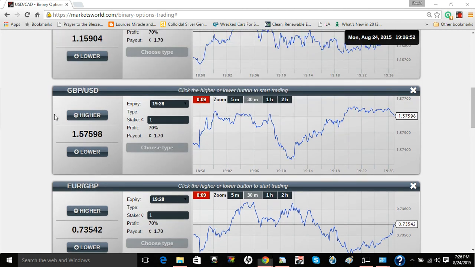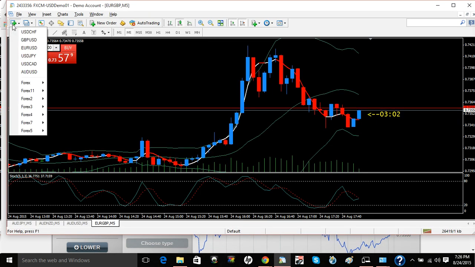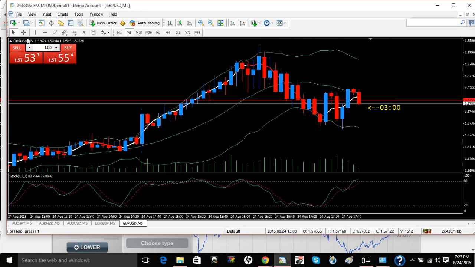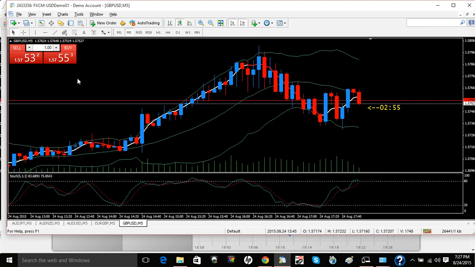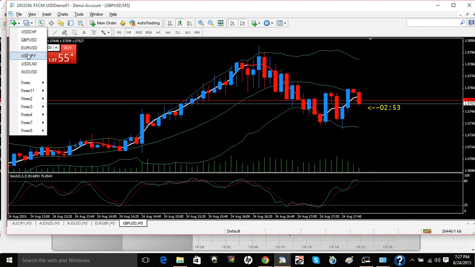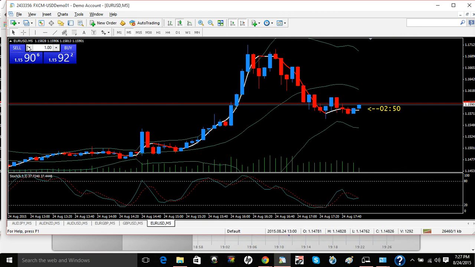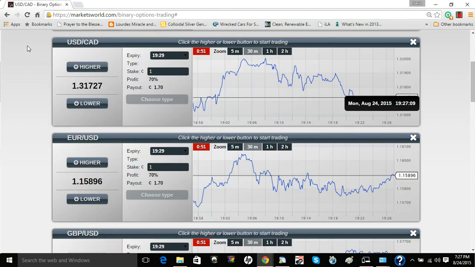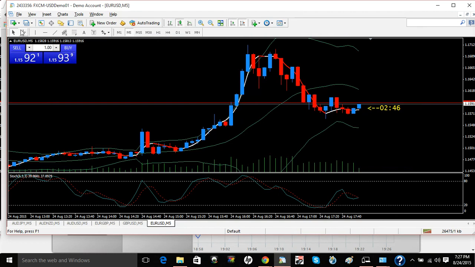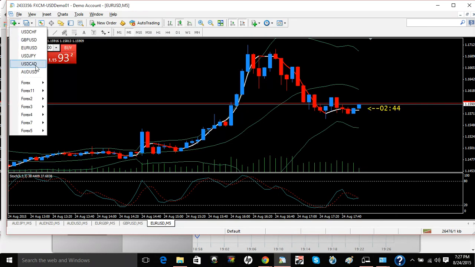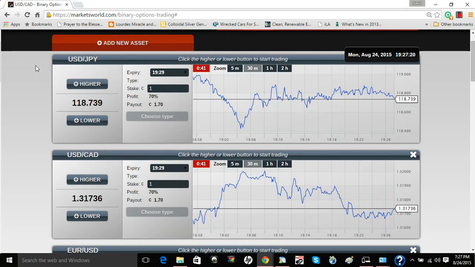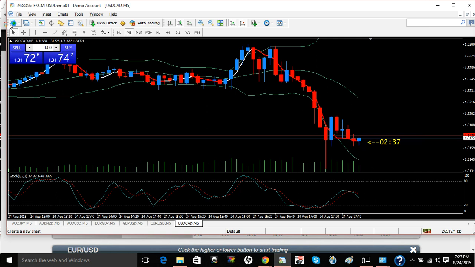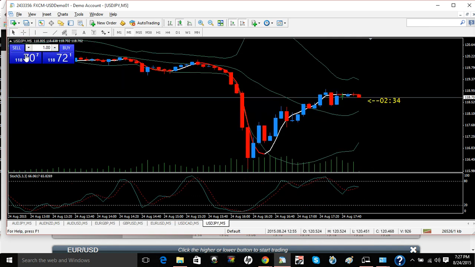All right, pound USD right here. And Euro USD. Okay, and USD Canadian. And USD JPY, which is right here. All right, so we got all of our currency pairs ready to go.